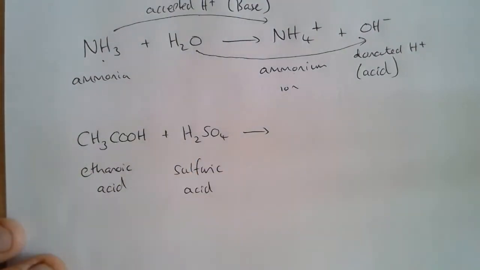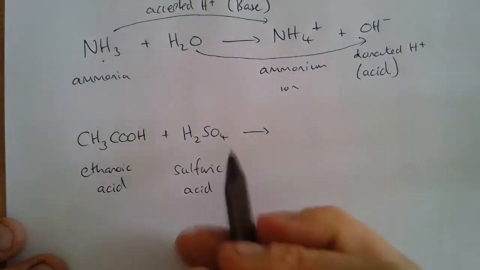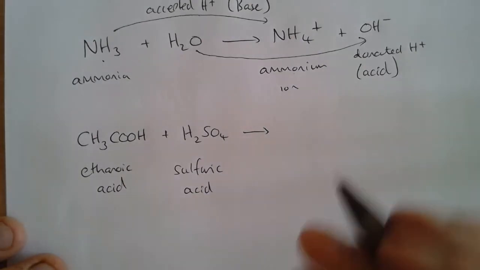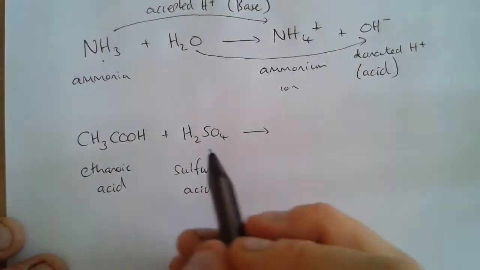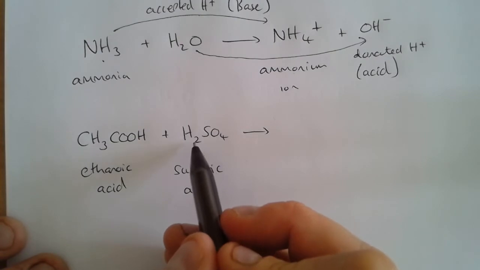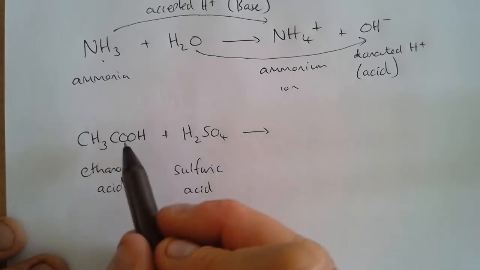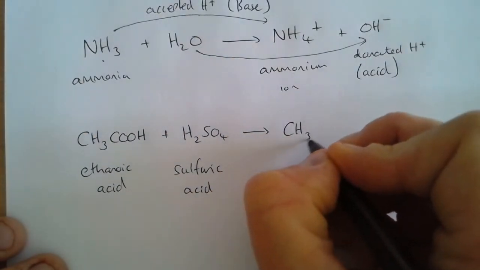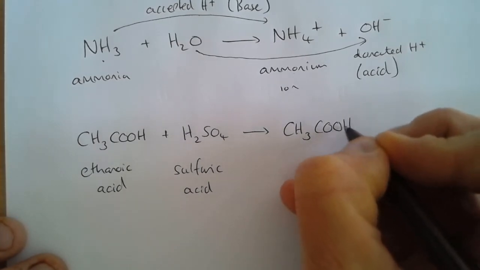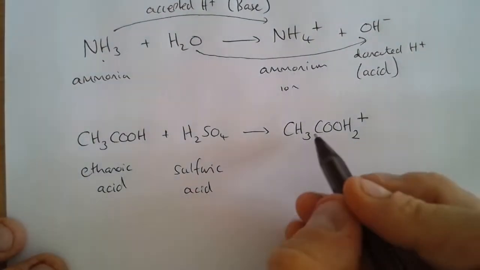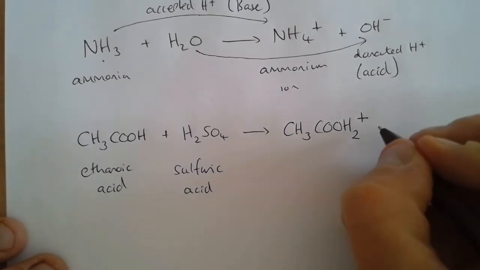Now, this is one of the very earliest superacids ever created. Because sulfuric acid is such a strong acid, and we'll think about what those words mean later, that sulfuric acid is actually able to donate one of its protons to ethanoic acid. So we end up actually with this protonated form of ethanoic acid.